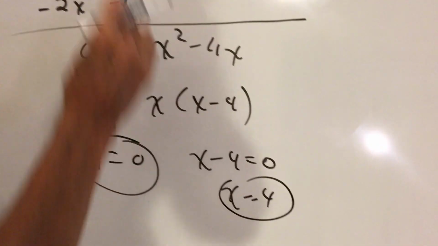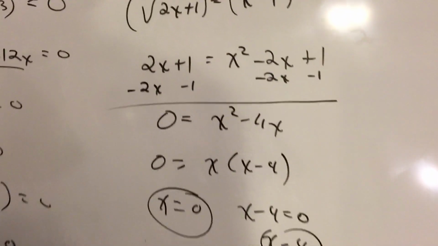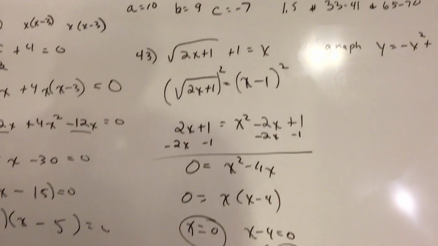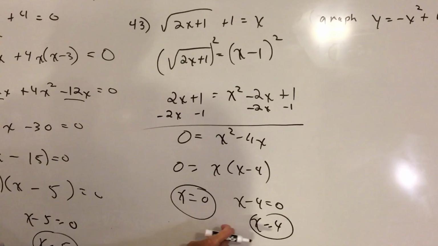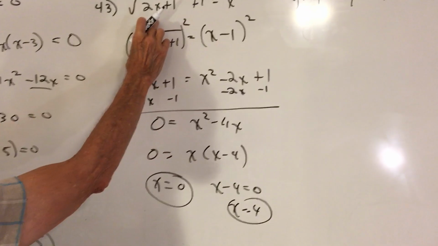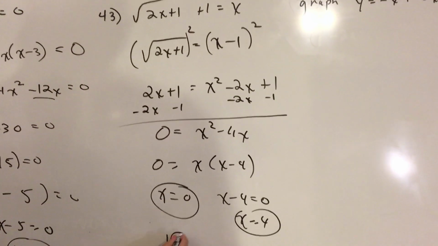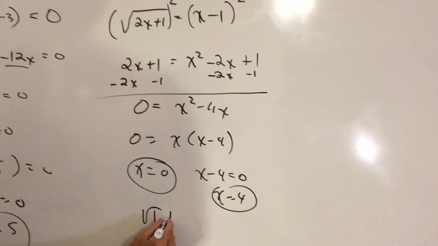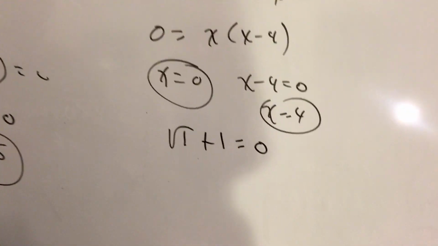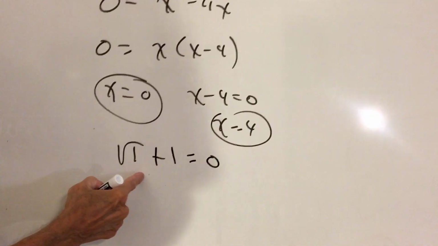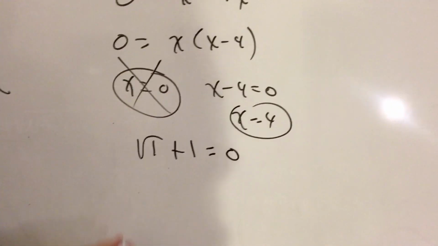But in the case of radicals, we have to plug them in and see if they work. To put 0 in, we would have the square root of 1 plus 1 equals 0. That's no good, so we throw that out.